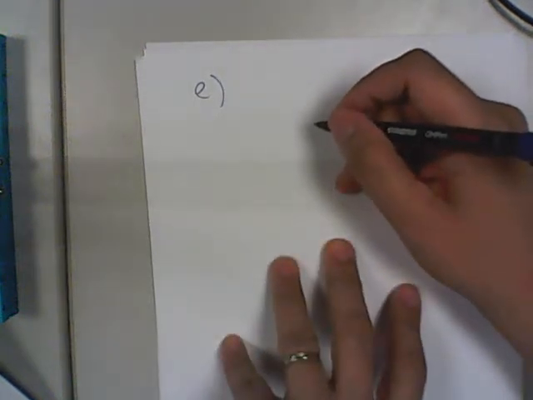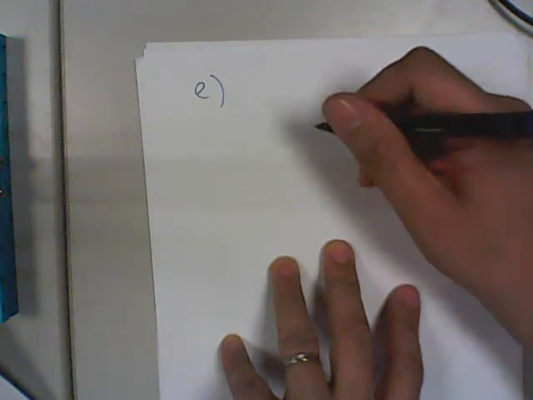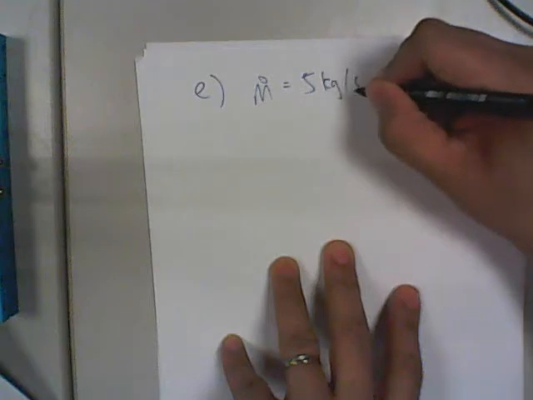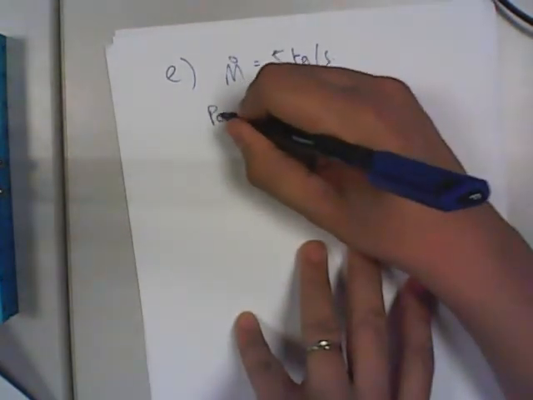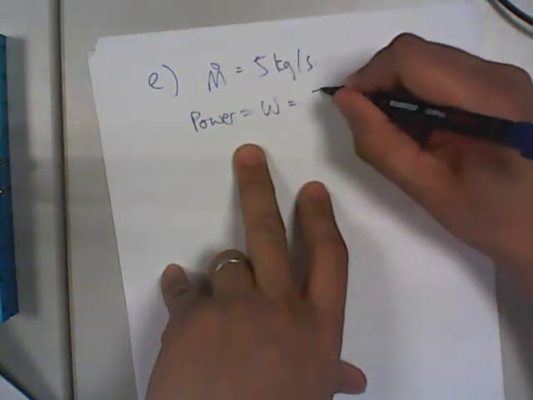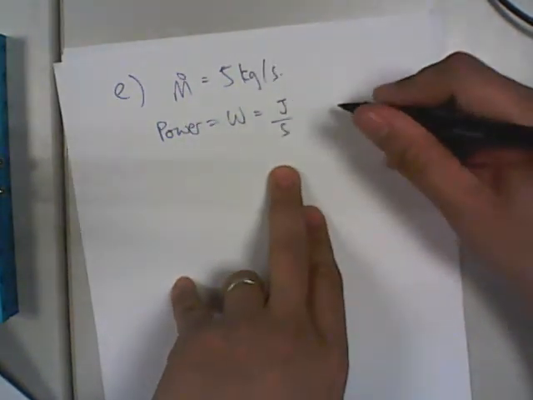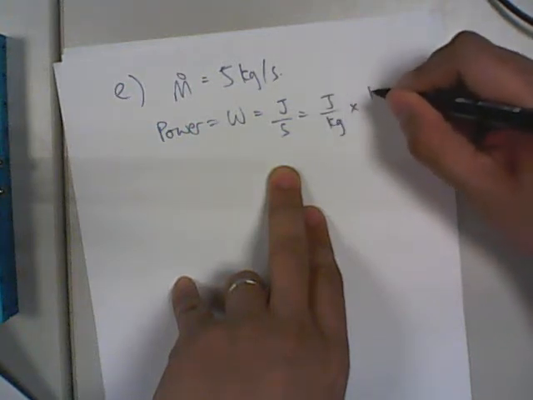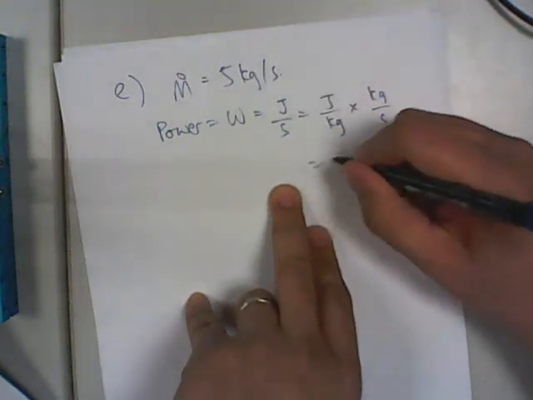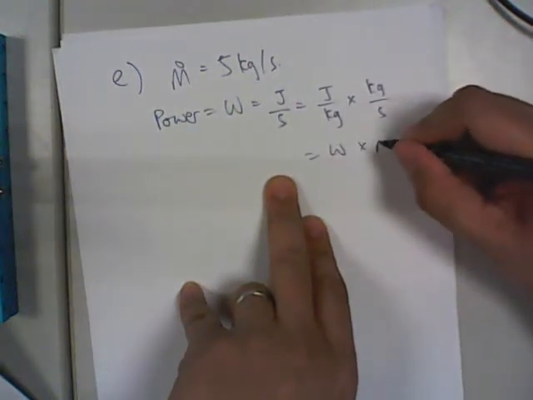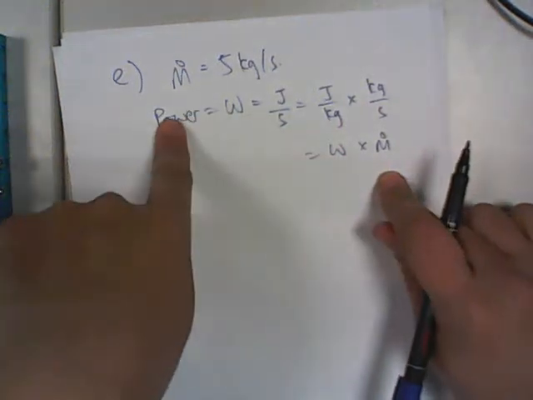Part E finally, the turbine power output, if the mass flow rate is 5 kilogram per second. Okay, in order to find power, the unit is watts, right? Watts is actually joules per second, right? If you break it down, it's joules per kilogram times kilogram per second. Okay, so it can be a form of specific work multiplied by mass flow rate.